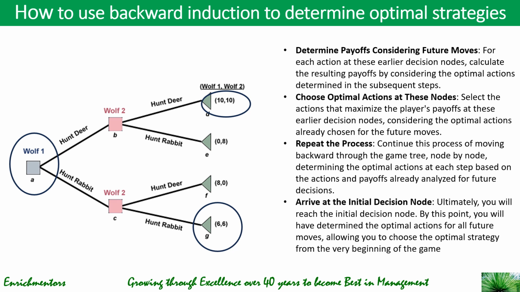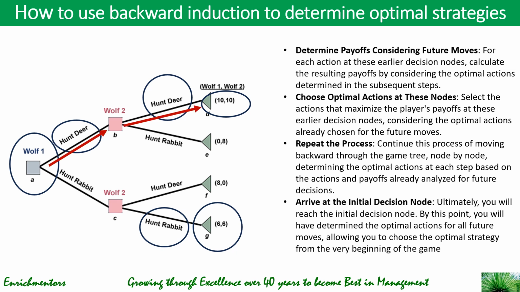Wolf 1, as you see here, gets a better payoff by hunting the deer, because he gets a 10 versus 6 between the two strategies, so hunting a deer becomes the choice for wolf 1.